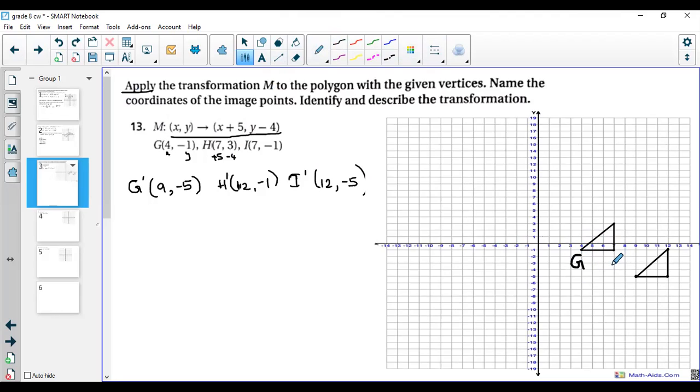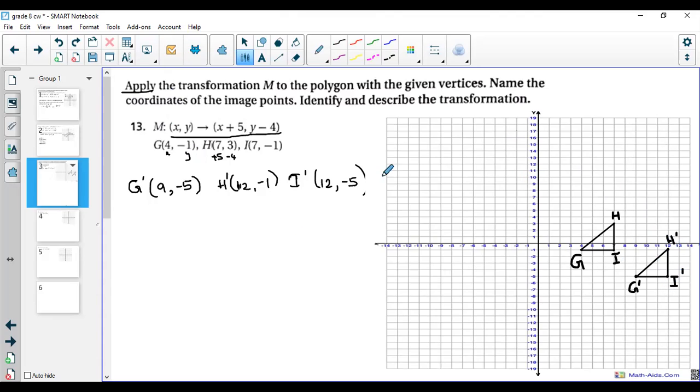This is G and this is H. This is H and this is I. So similarly, I have here, this is the image, G, H, and I.